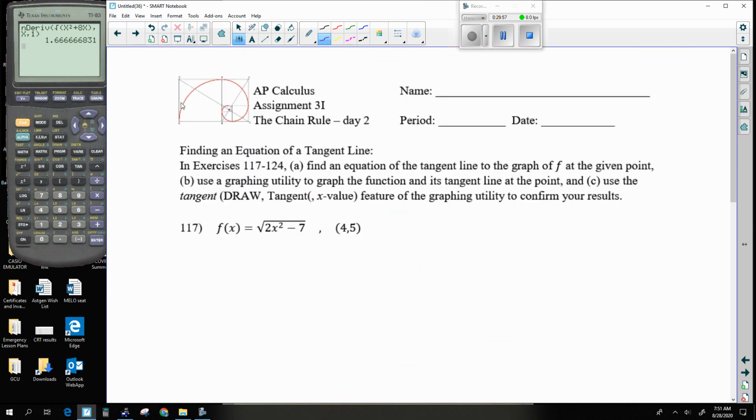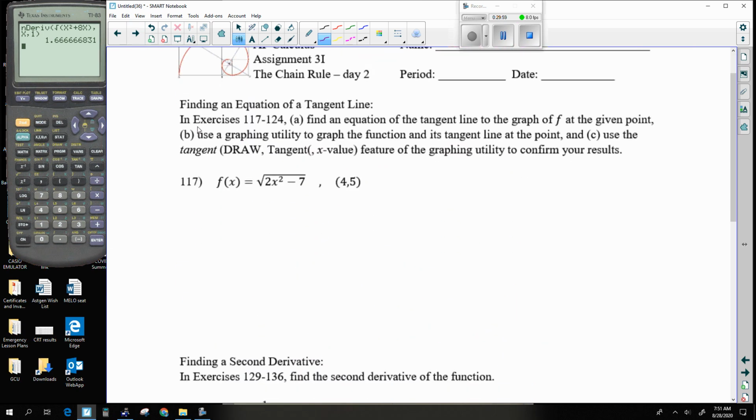That was it. All right, next, find the equation of the tangent line. So again, the derivative is the slope of the tangent. So what is this originally?